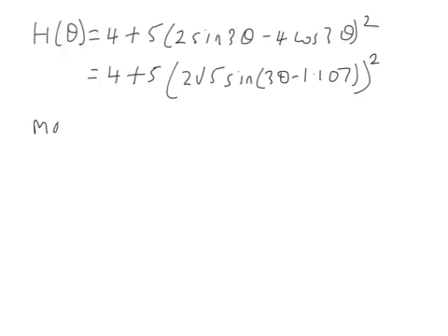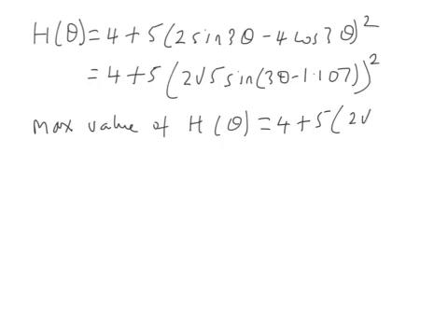Now the maximum value of h theta obviously occurs when this whole expression is at a maximum, and the maximum value of sine of anything is 1. So all of that part there is 1. So the maximum value is 4 plus 5 lots of 2 root 5 times 1 squared.